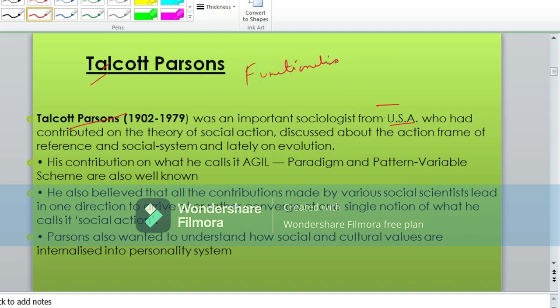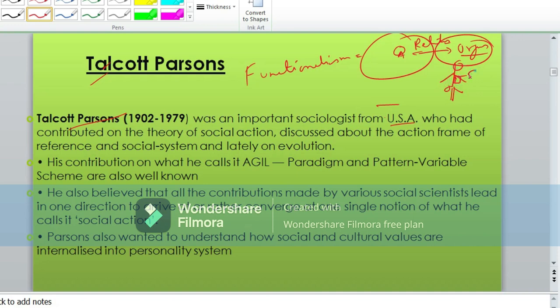Functionalism itself says that one social actor relates with the other social system in terms of organs working inside a human body, responding to the other parts. For example, there is a heart.